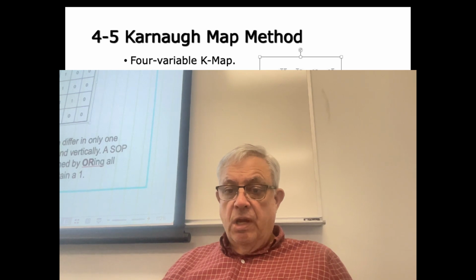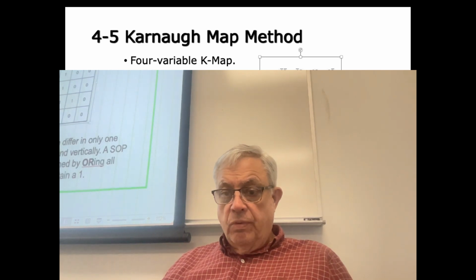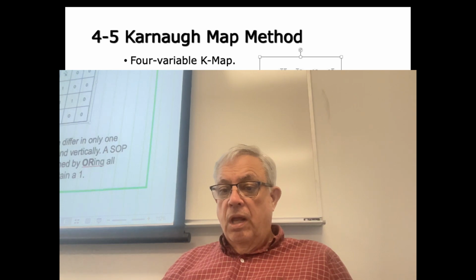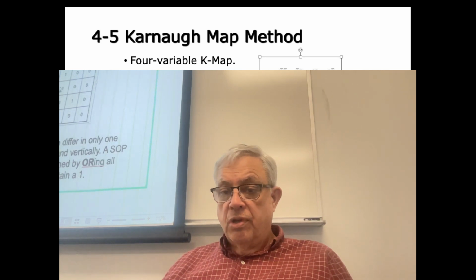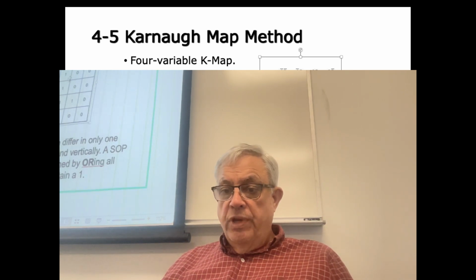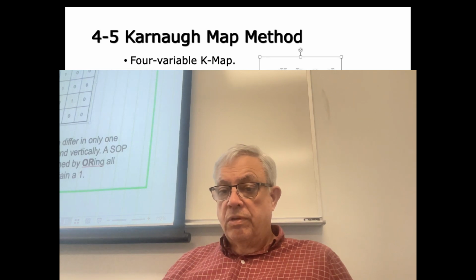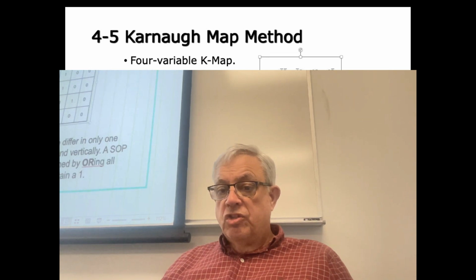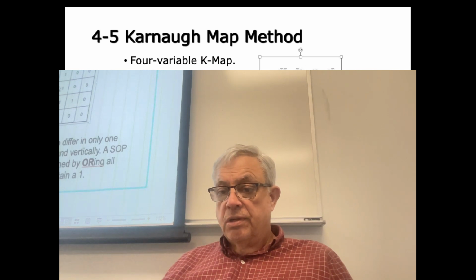But from this, what can I see? I can see that when A is 0, I can hit both of these cells. B or B naught, that's B's changing, C naught's not changing, D is changing. So what have I got?